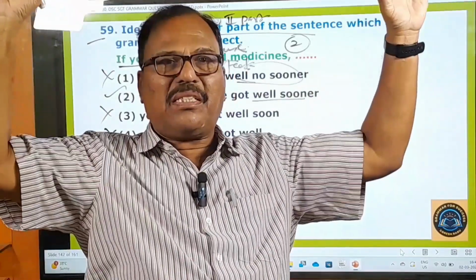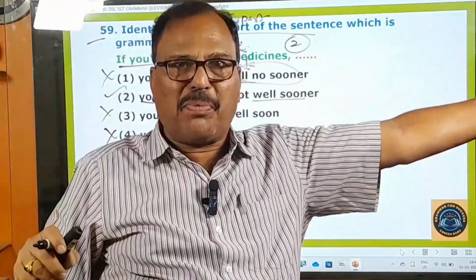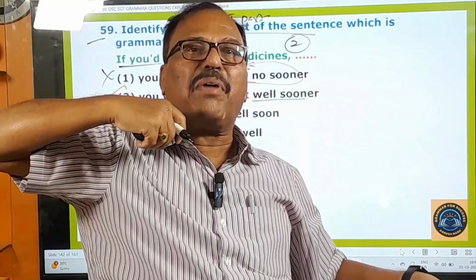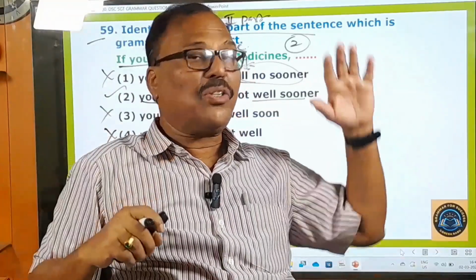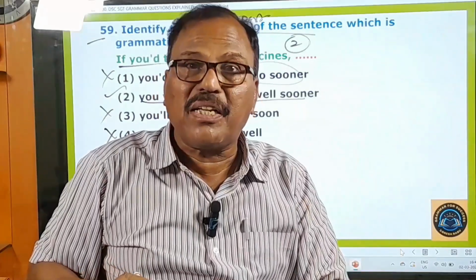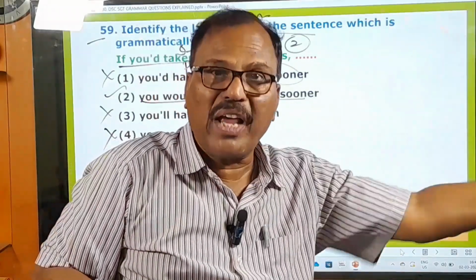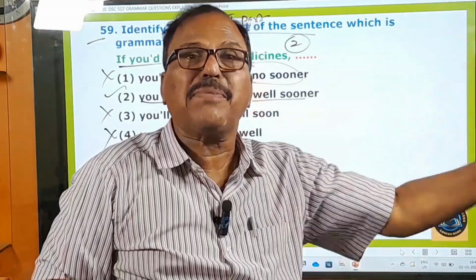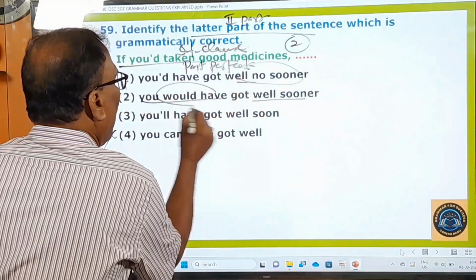In every conditional sentence there will be two parts: the if clause part and the main clause part. Whenever there is past perfect in the if clause part, automatically in the main clause part there must be would have, could have, should have, might have plus past participle. Would have plus PP.